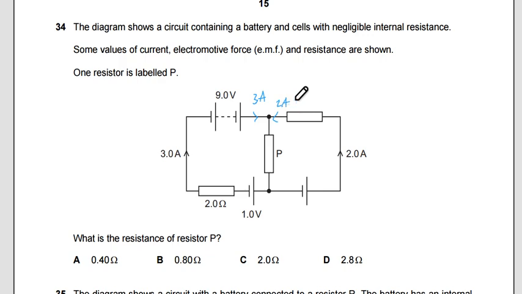So 3 ampere and 2 ampere enter this point, so out of this point should be 5 ampere, because Kirchhoff's first law states that current entering equals current leaving. So the sum of current entering is 5, so current leaving should be 5.